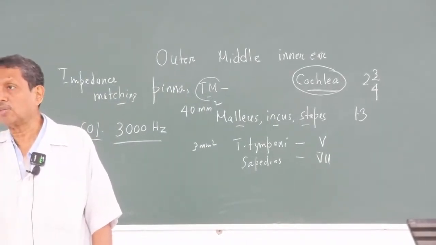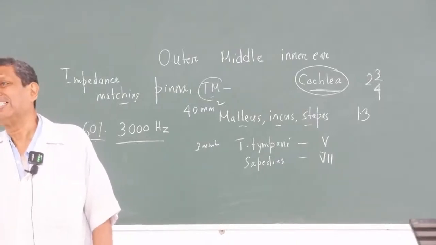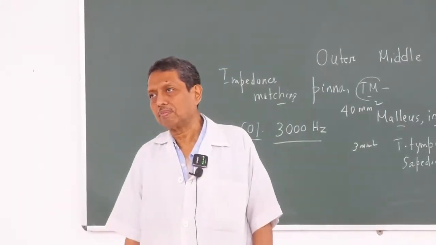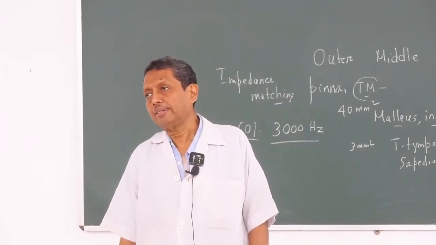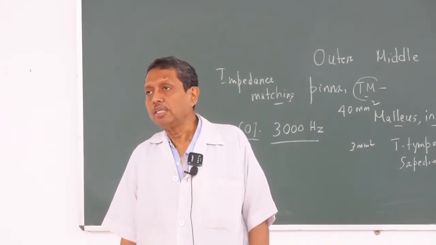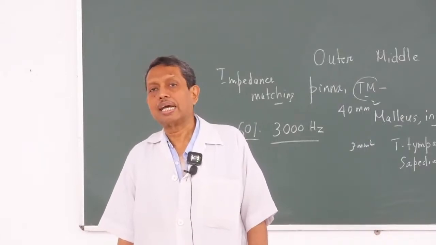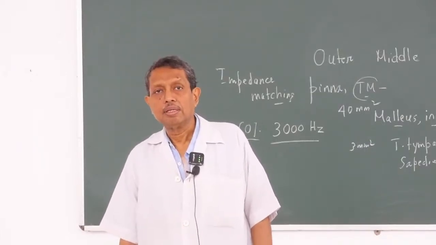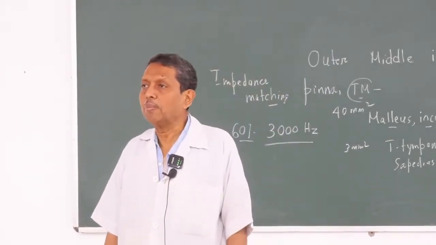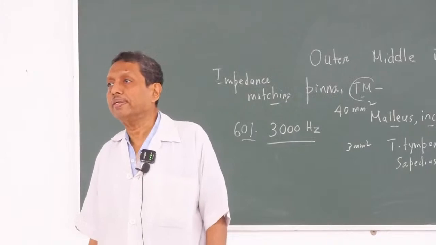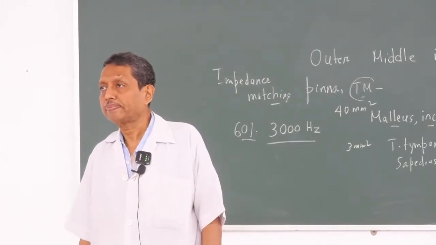If you take the cross section, in every good text these figures are given. They contain 3 spaces, scala vestibuli, scala media and scala tympani, divided by Reissner's membrane or vestibular membrane and the basilar membrane.